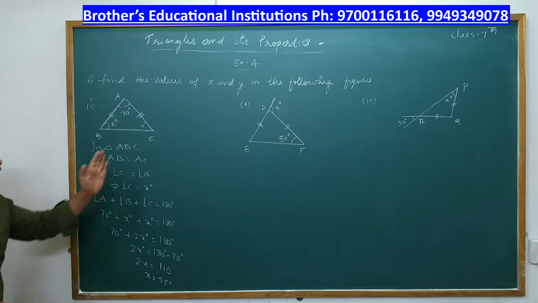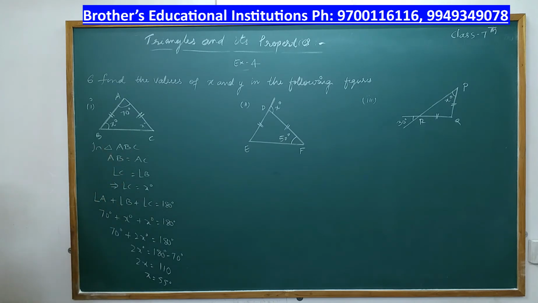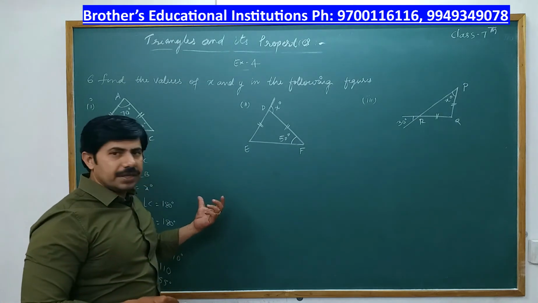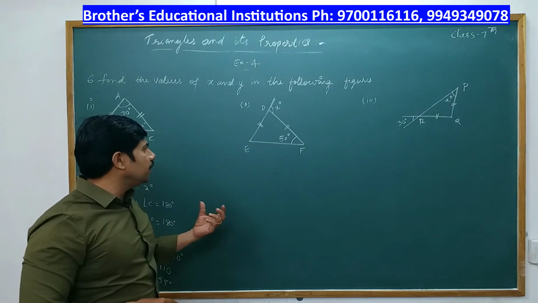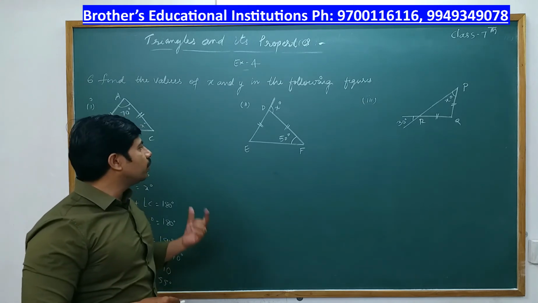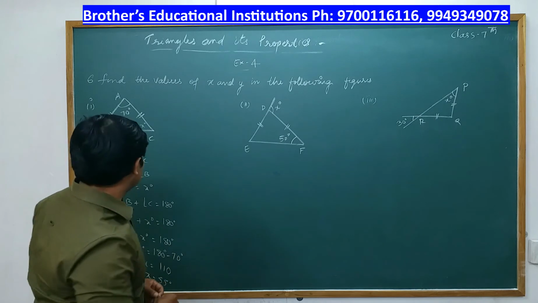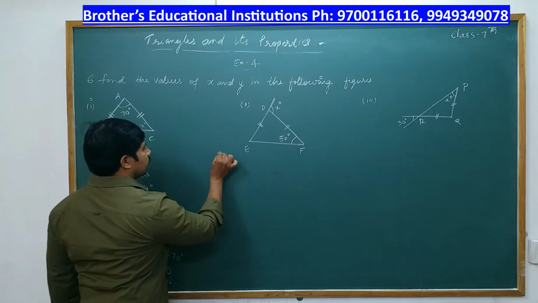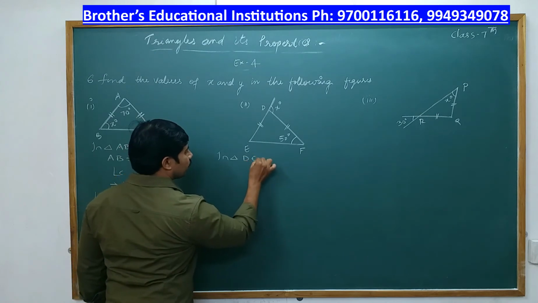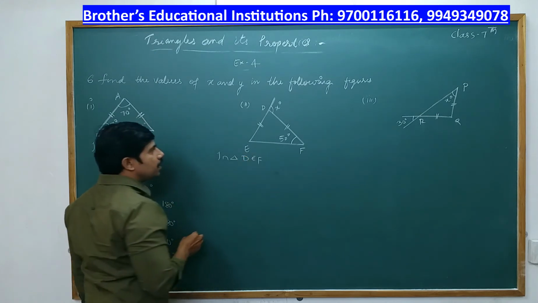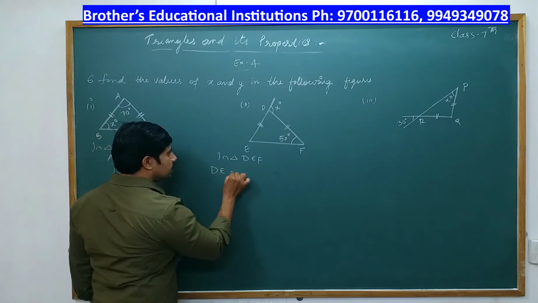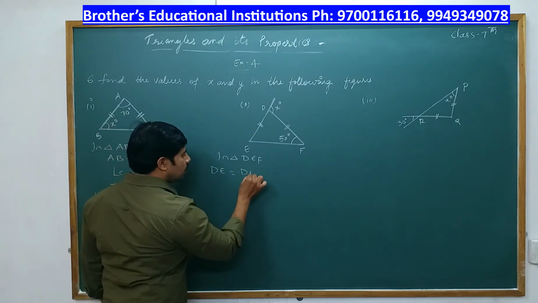Now we'll go to the second one. In triangle DEF, again we have the markings on DE and DF. That means DE is equal to DF. So we have to find out x in the triangle. In triangle DEF, DE is equal to DF.